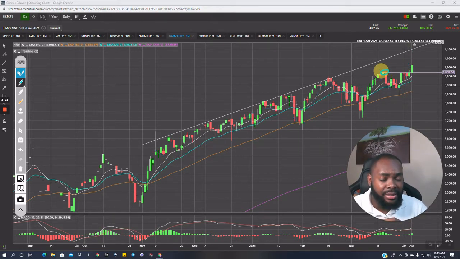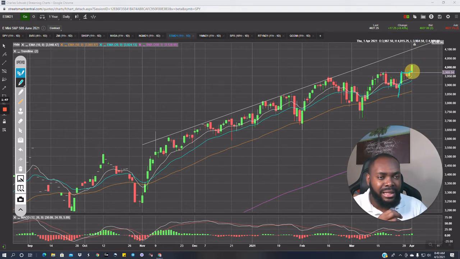Last week in the session, we were looking at this area as initially a potential double top. But we said that once price does not get rejected at a resistance level, guys, what is happening is price is building up enough momentum to break out and go higher.